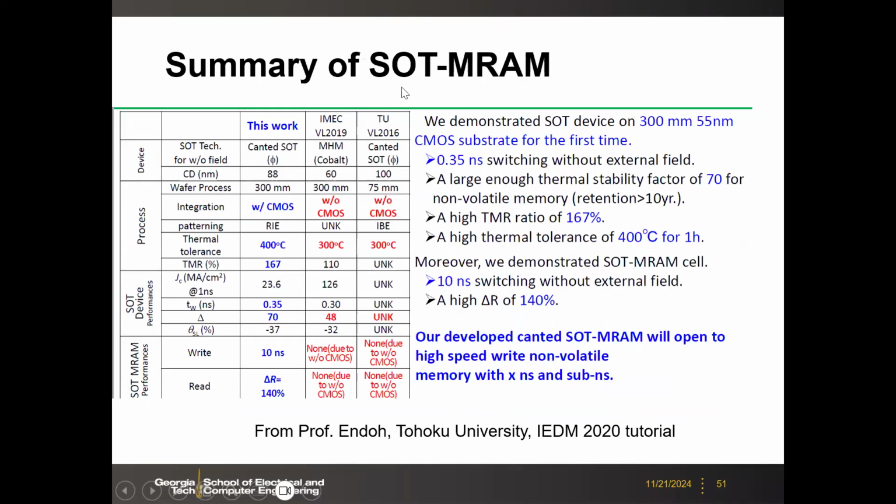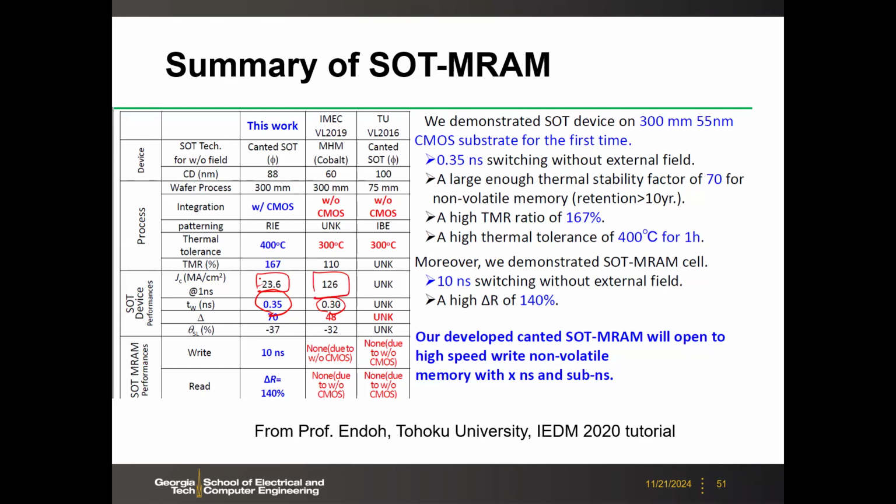And here is a summary of the SOT-MRAM from their tutorial, where you see the specs from this candidate cell. The smallest demonstrated is 9.3 nanometer, and also from imec, they demonstrated 0.3 nanosecond in the SOT. But still, the current is pretty large. You see the current in this number.